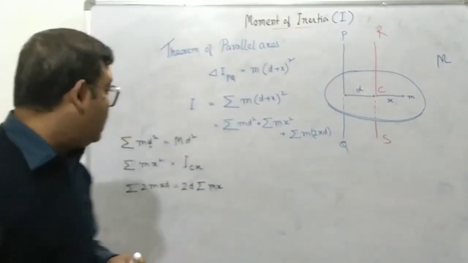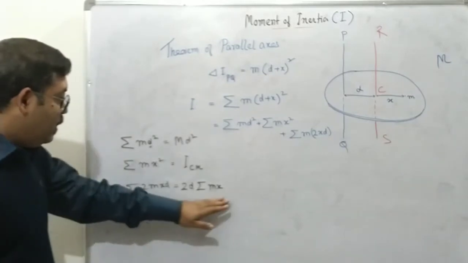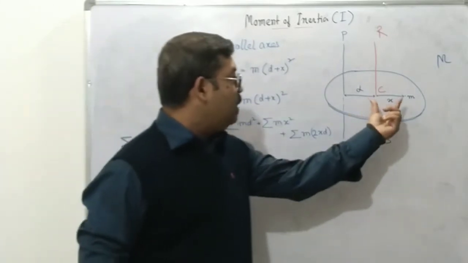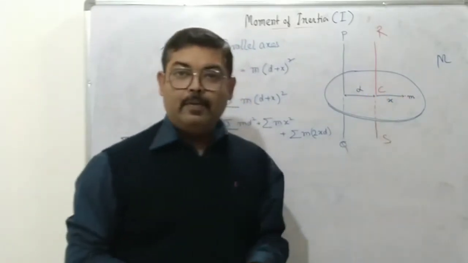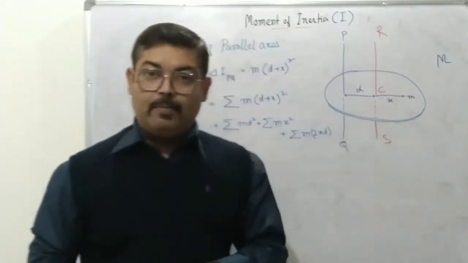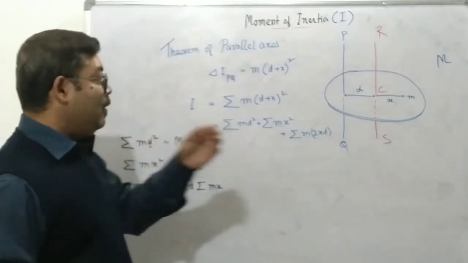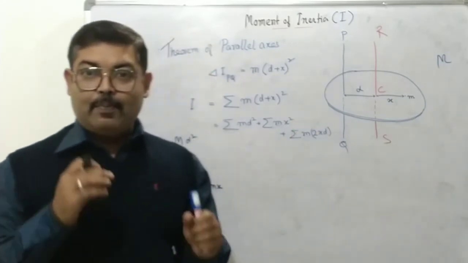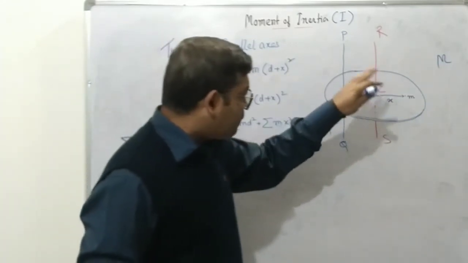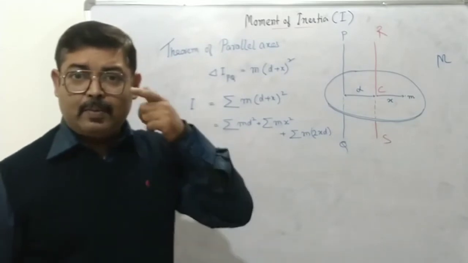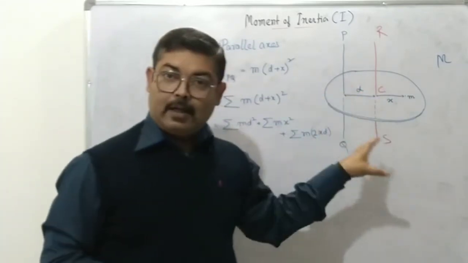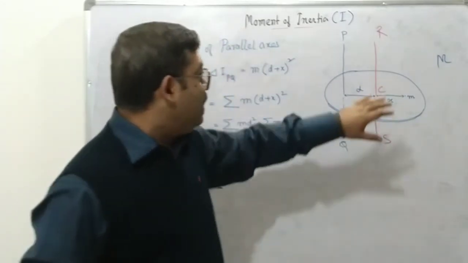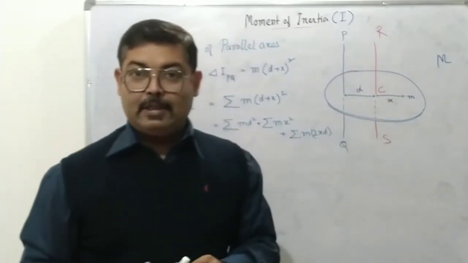Now we need to notice the very important property of this m into x, or center of mass. What is mx? mx is nothing but mass into distance of the mass particle from the center of mass, or in other words, moment of the mass. Now center of mass we know is a point where, if we consider the entire body's mass to be concentrated, it will behave as the entire body, right? Which means that center of mass is a point about which the entire body's mass will balance.